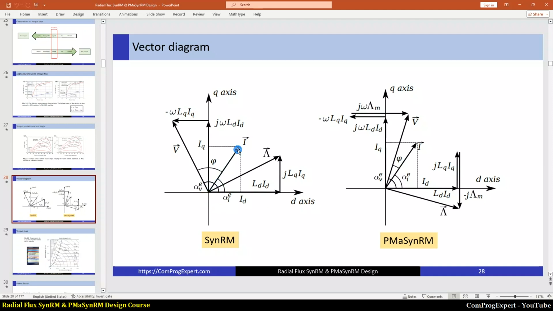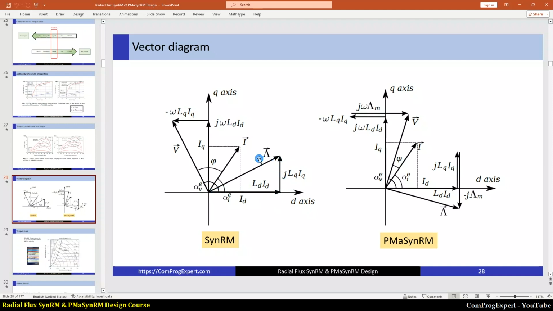So here I set, for example, alpha IE equal to 60 electric degrees to get the maximum electric torque. So this is ID. If we decompose this vector on D-axis and Q-axis, this is ID and this is IQ. So this is LD ID and this is jLQ IQ.